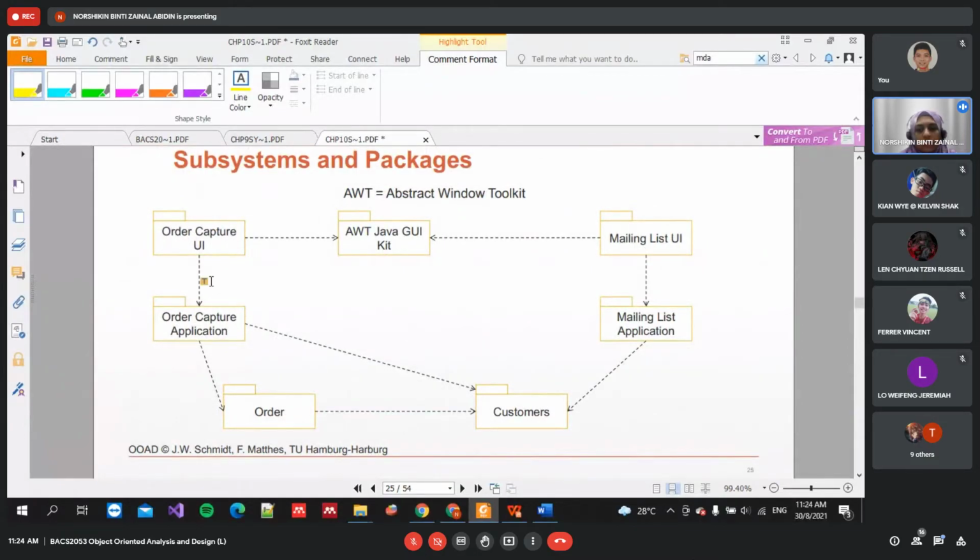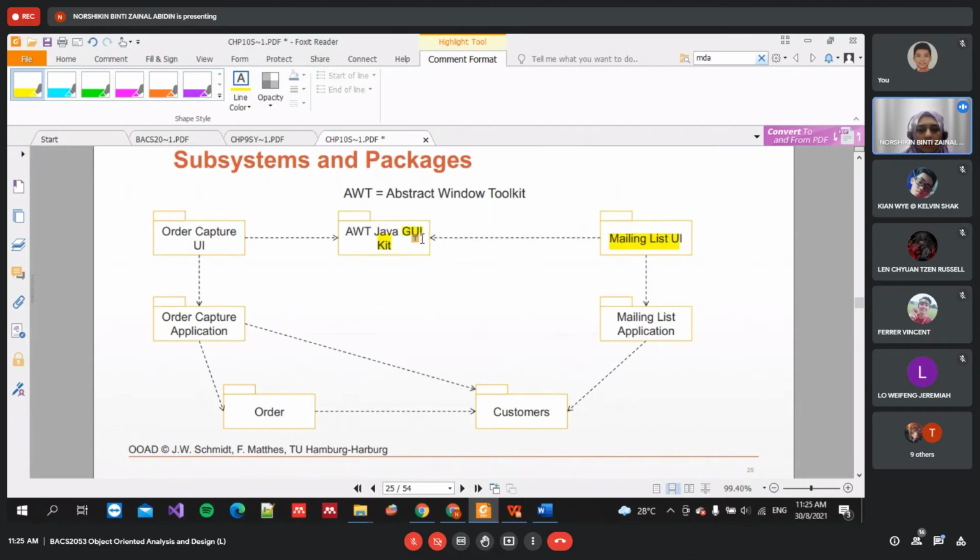So actually they are already combined together, system and subsystem and package, for the adaptability Abstract Window Toolkit. Okay, this is the relationship. The other capture UI has a relationship with this package, AWT Java GUI.